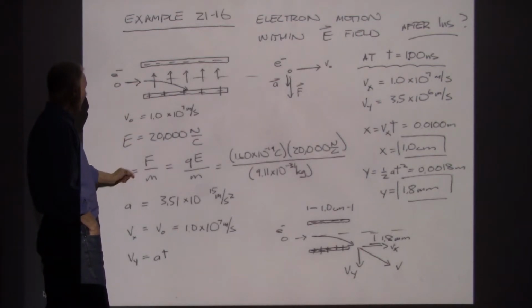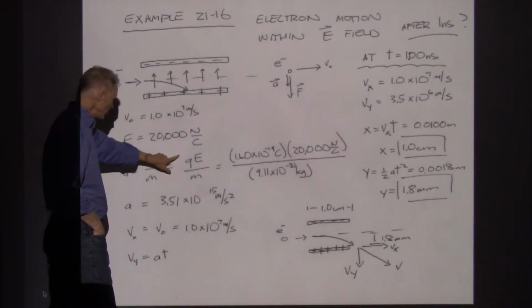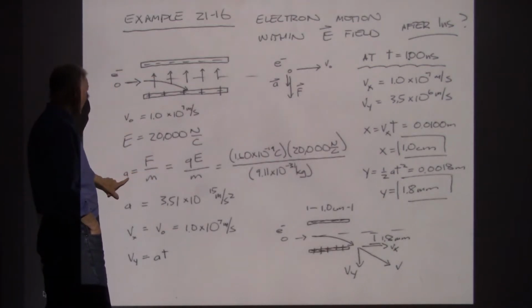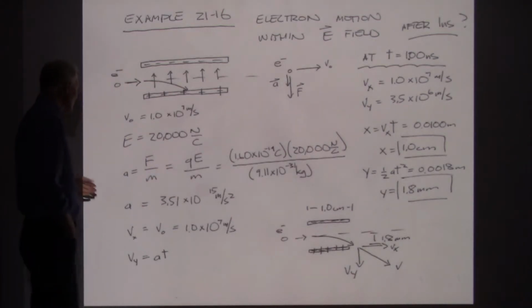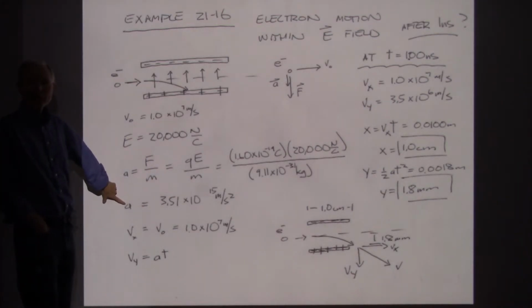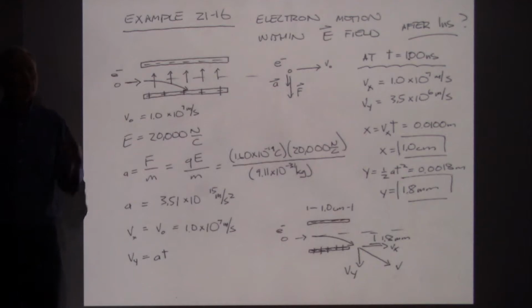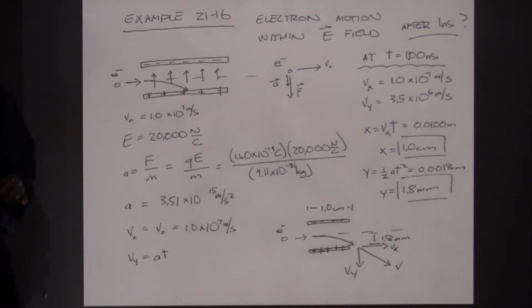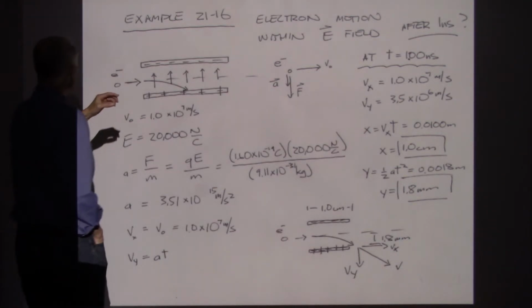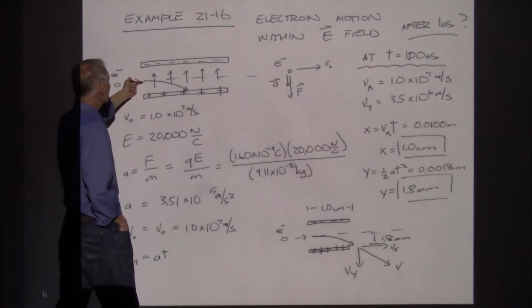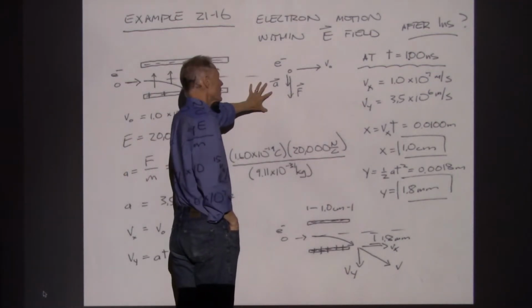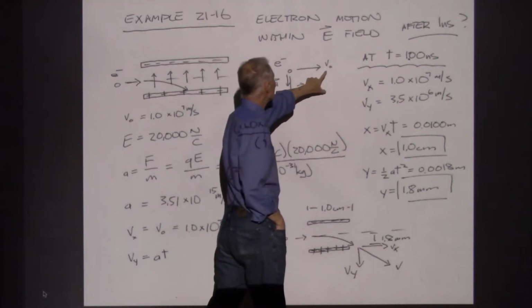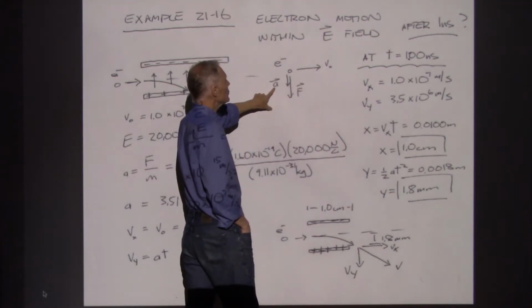There is going to be a force, Q times E. There's going to be an acceleration, which is Q times E divided by M. Oh, look, it's the very same acceleration we had before. But this time, there's an initial velocity, and the initial velocity is perpendicular to the E field. So this is the force diagram, but it's got V naught and A included.